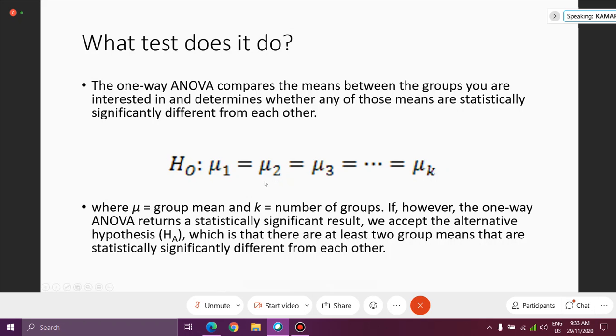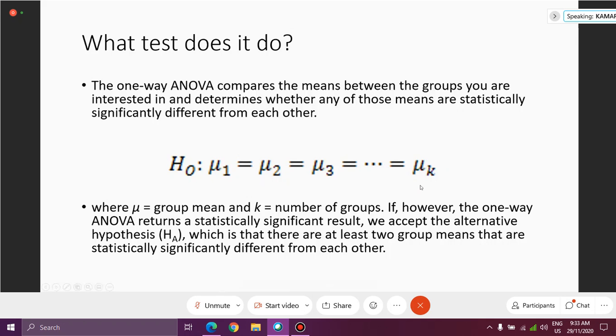We will reject the hypothesis that says all groups have the same means.